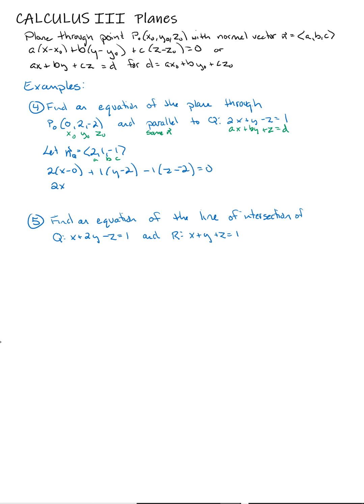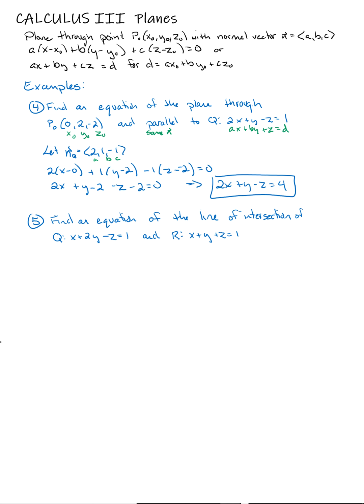So that gives us 2x + y - 2 - z. Watch all this subtraction and these negatives. We actually end up with -2 = 0. So we have 2x + y - z = 4. And there we go.